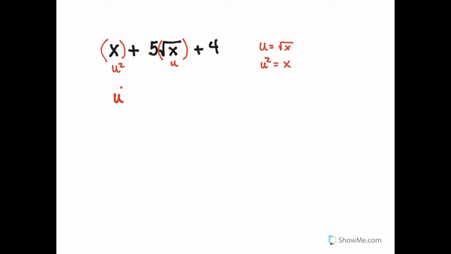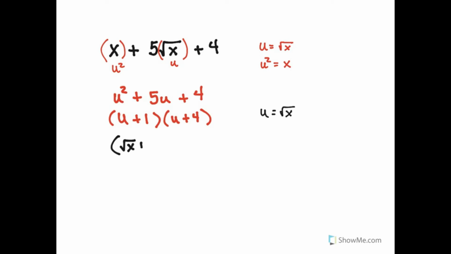So I rewrite this as u squared plus 5u plus 4 and factor. It factors to u plus 1, u plus 4, and now I just rewrite it. u is equal to the square root of x, and so these factors are the square root of x plus 1 and the square root of x plus 4. And so we factored the original expression.